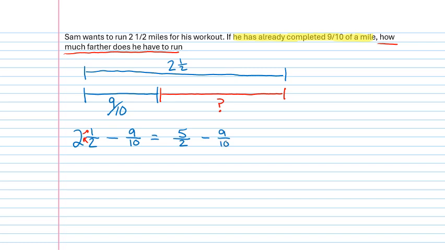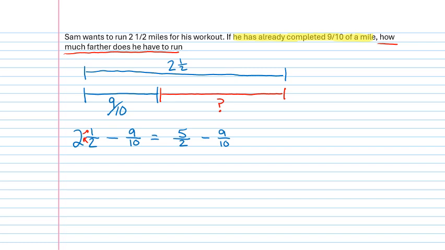Now, if we're going to subtract fractions, the problem here is different denominators, right? The only way to add or subtract fractions is if there's a common denominator. So what we're going to do is change that 2 into a 10, and then both fractions will be something over 10.